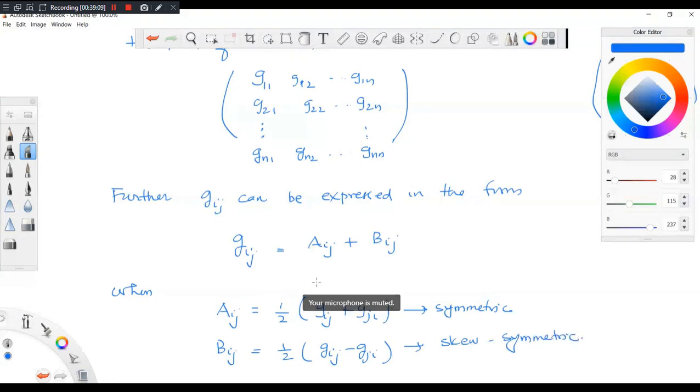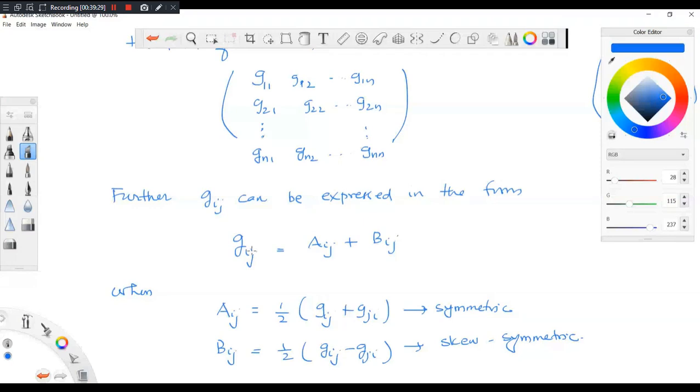Okay, so you see this simple idea. See what is Aij? Aij is this, and what is Bij? Bij is this. Now if you add these two, what will you get? Minus Gji plus Gji will cancel. Here you get half Gij plus half Gij, which will be Gij.